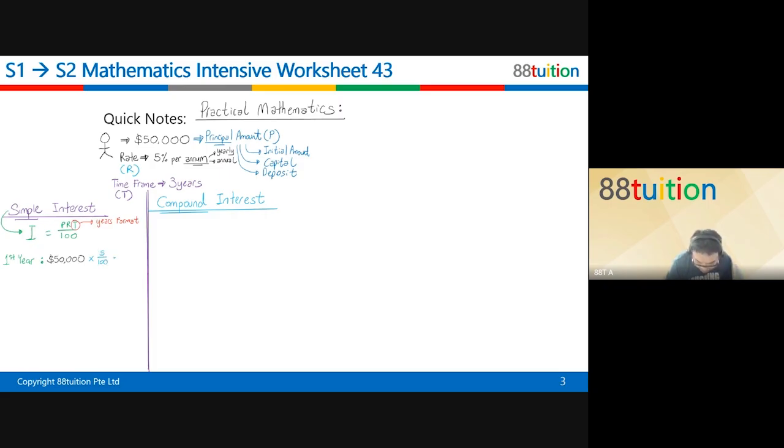And 50,000 times 5 over 100 will be $2,500. So $2,500 will be the interest. This is just the interest for the first year. Can you understand? Because it's 5% times the amount that you put in, 50,000.